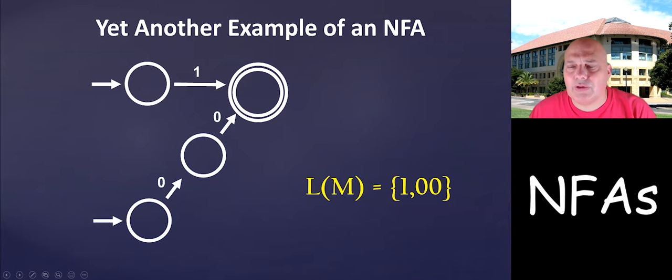So for example, what happens when you look at the string 1, 0? Regardless of which state you start with, there is no path that follows 1, 0. In particular, there is no accepting path that follows 1, 0. So these are the only strings that correspond to accepting paths.